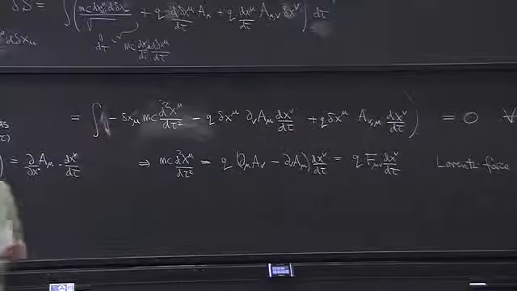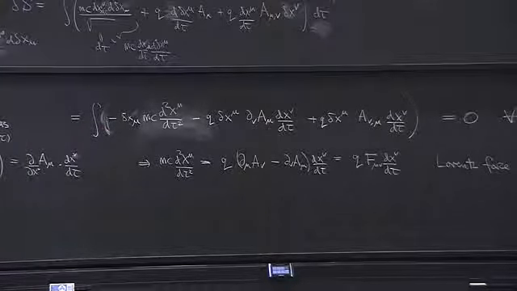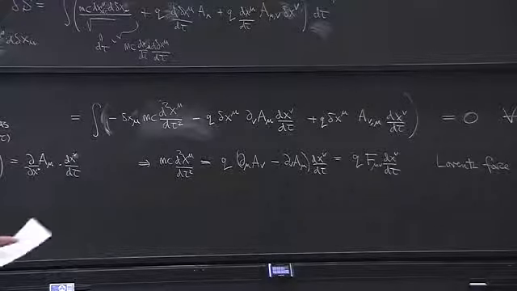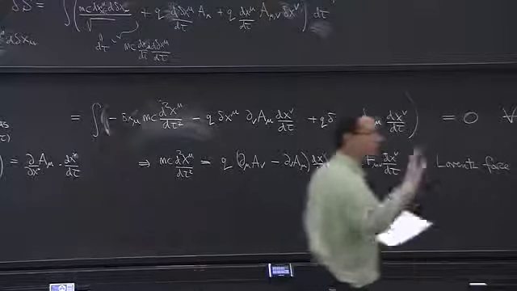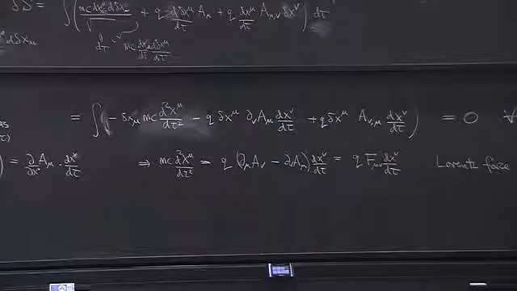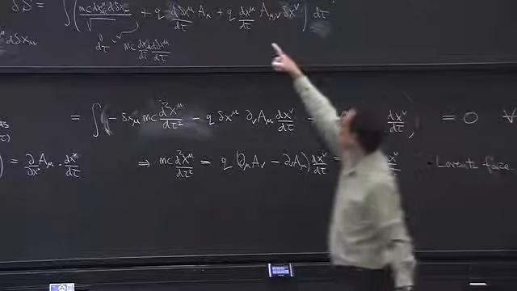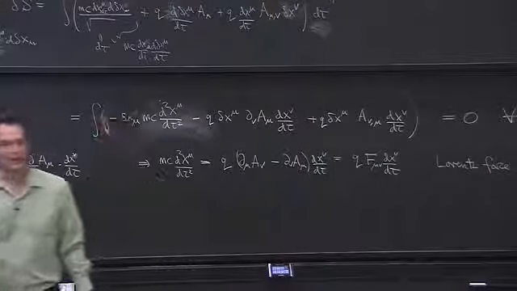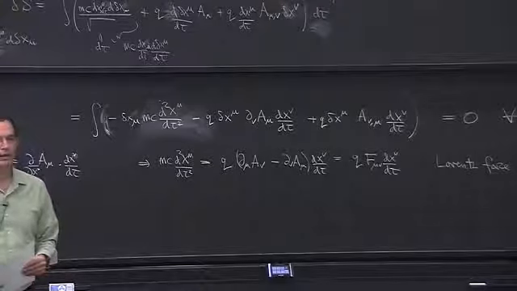Okay, so all of that is built into the free particle action. Now, actually, a lot more is built into the free particle action. This coupling, this q A_mu coupling, is an amazing thing.